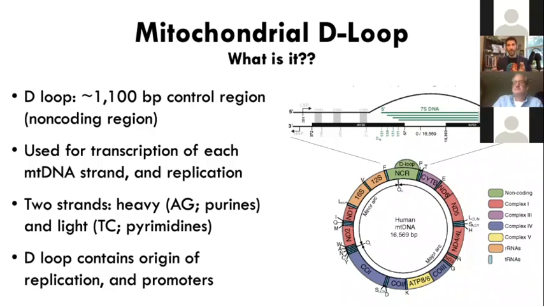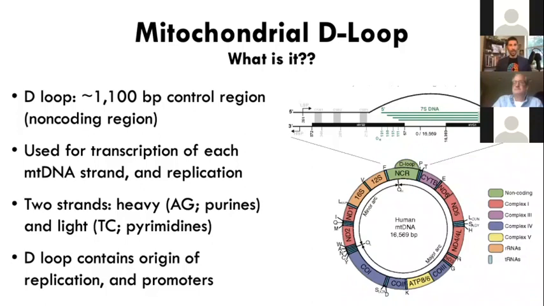So during replication, we have what's called the heavy strand and the light strand. And the heavy strand is basically where most of the genes are. It also has more G's than C's, but that's getting technical. So it has more genes, and when you start to replicate it, you add this 3rd strand. That's the beginning of making a new mitogenome. So they observed this, they saw that that part of the DNA, the 3rd strand, was displaced, so they called it the D loop, displaced loop.